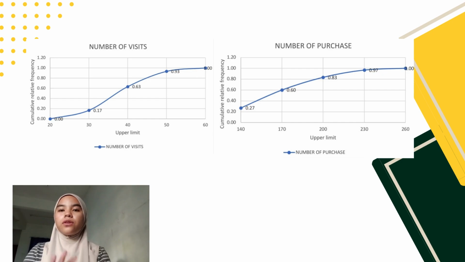Next, for cumulative relative frequency, we use the ogive graph to indicate the cumulative relative frequency for both metrics. For the number of visits, a distribution is considered positively skewed when the tail on the right side is longer or fatter than the left side.